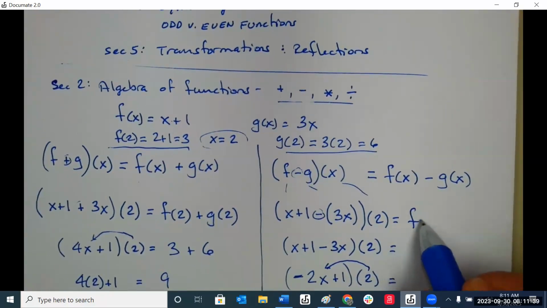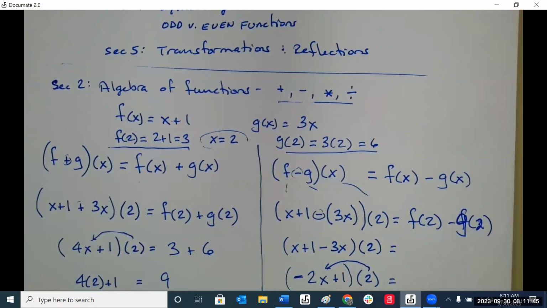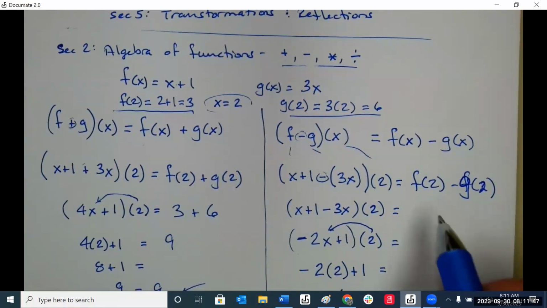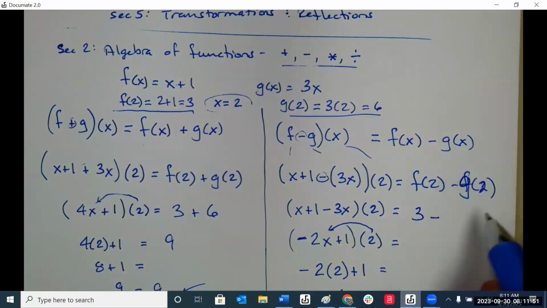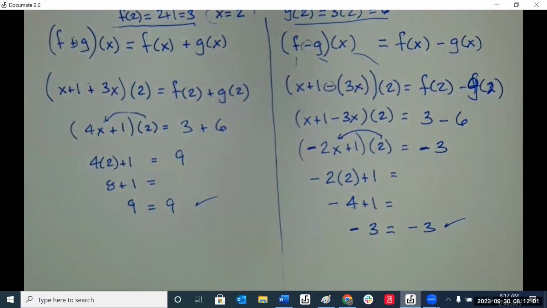So here we have f of 2 minus g of 2. f of 2 is 3. g of 2 is 6. 3 minus 6 is negative 3. So they both equal negative 3, and that's the answer.